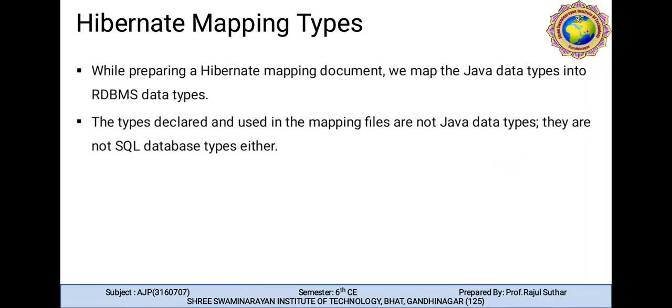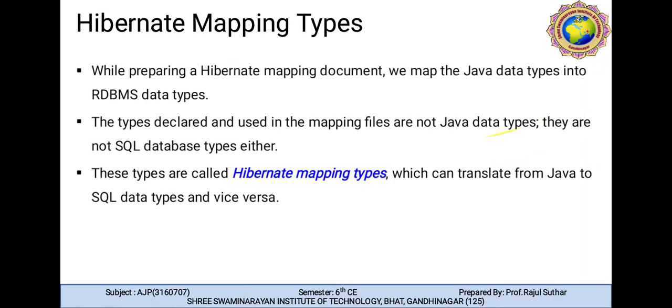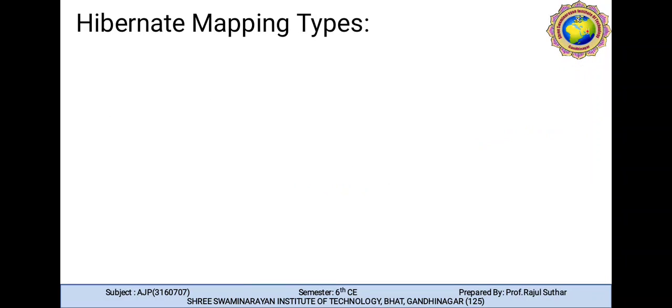The types declared and used in the mapping files are not Java data types, and they are not SQL data types. These types are called Hibernate mapping types, which can translate from Java to SQL data types and vice versa. We can also convert from SQL to HQL as well as HQL to SQL.